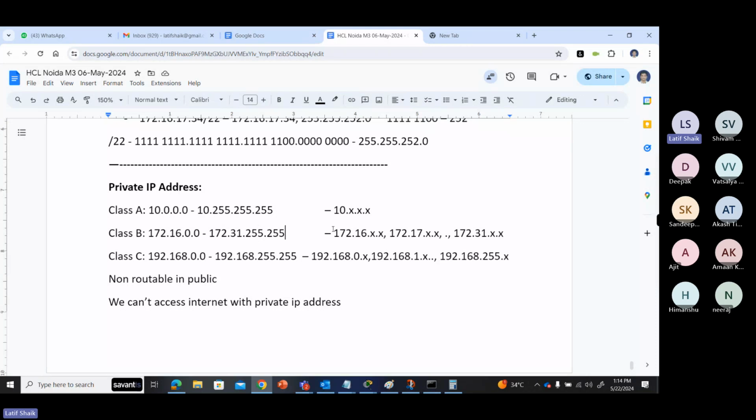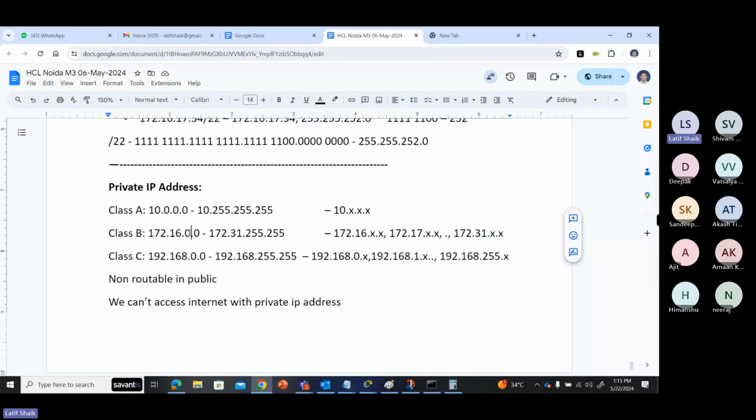It means 172.16 is a private network, 172.17 is a private network, 172.18, 172.19, like that up to 172.31. These are all private networks only.